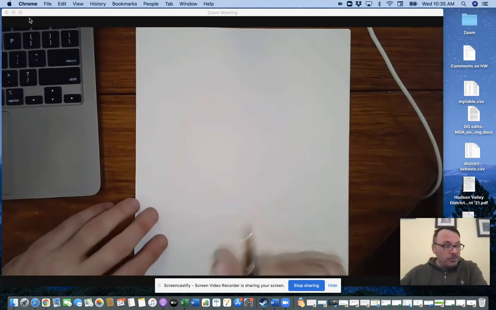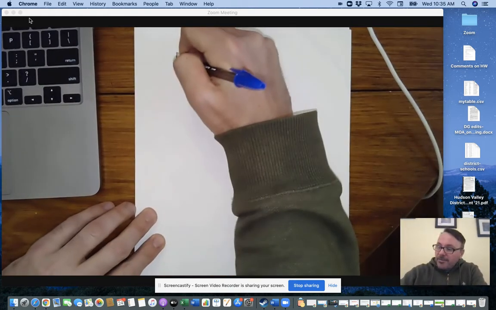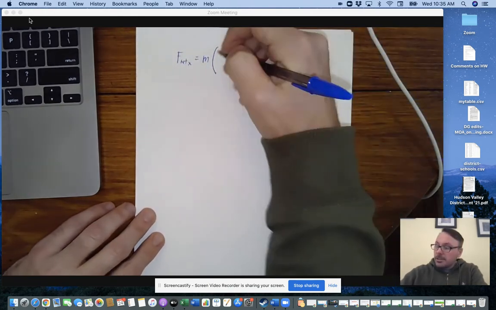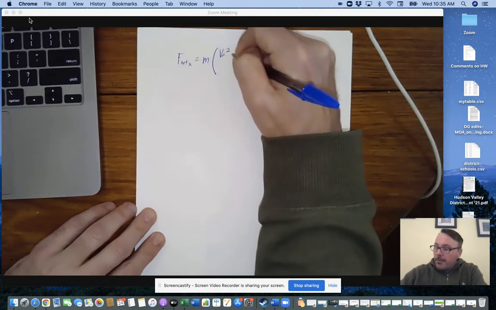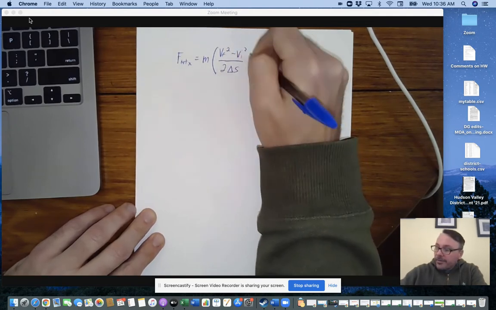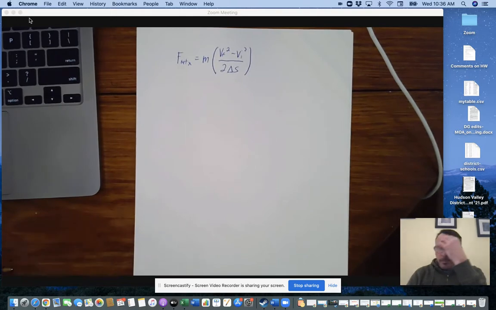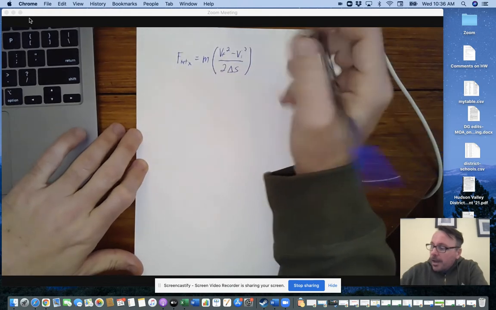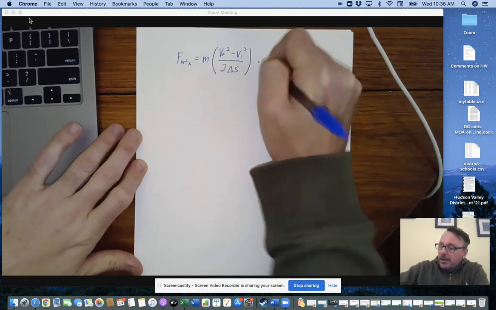So the other substitution allows us to go F net X equals M, and then I'm going to put in that substitution Vf squared minus Vi squared all over 2 delta S. Boom. Well, that's sort of a mess. Let's distribute here. I'm going to multiply both sides by delta S. Why?